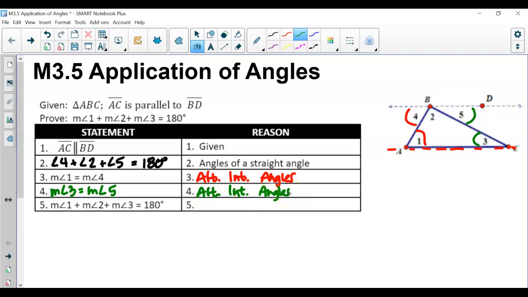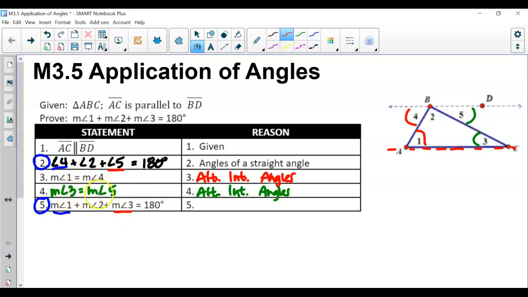So now notice, this statement, number 2, has been really truly rewritten to number 5, except what happened? 4 became 1, and 5 became 3. So how were we able to do that?